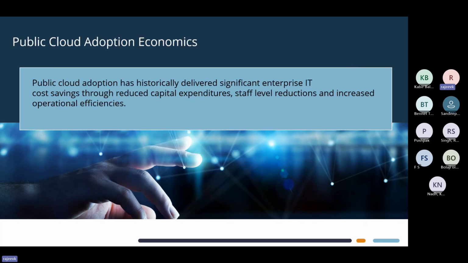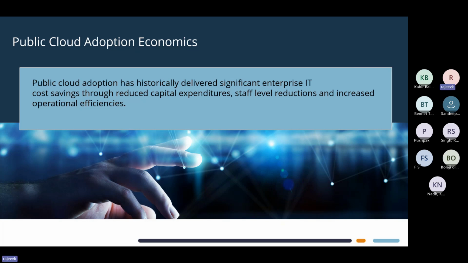So public cloud adoption has historically delivered significant enterprise IT cost savings through reduced capital expenses, staff level reduction, and increased operational efficiency as well. All these things will help us manage the overall cost actually required for the organization.